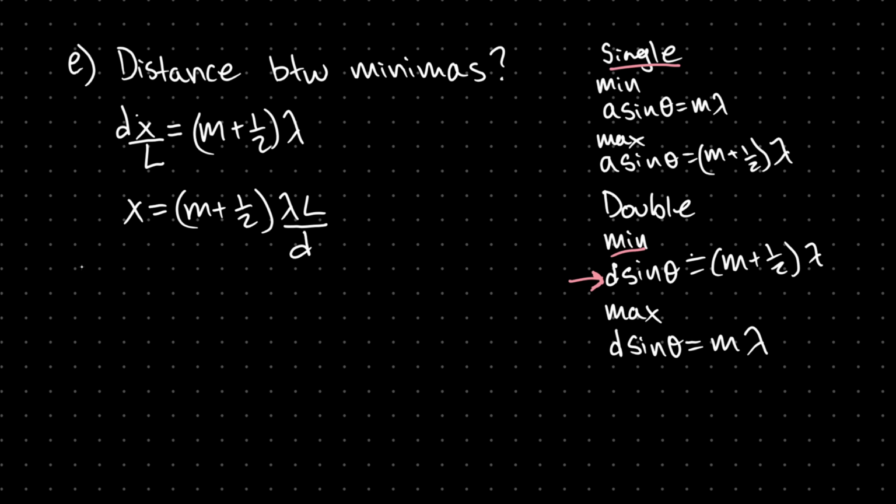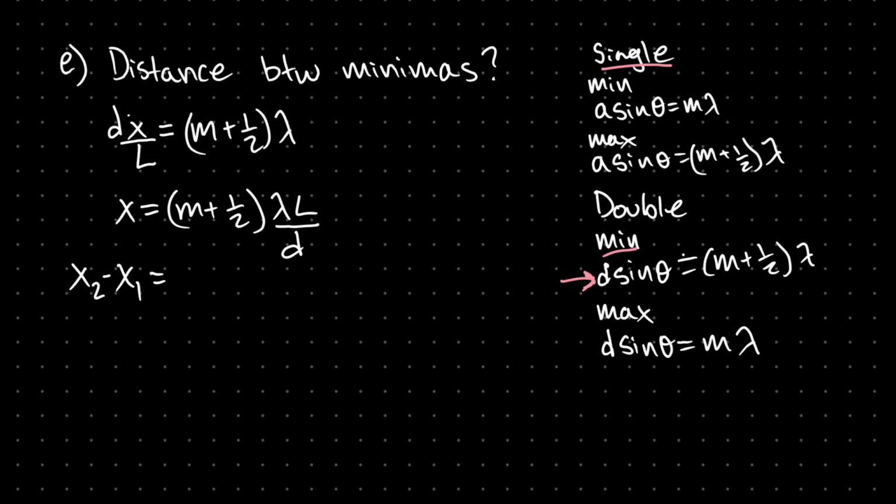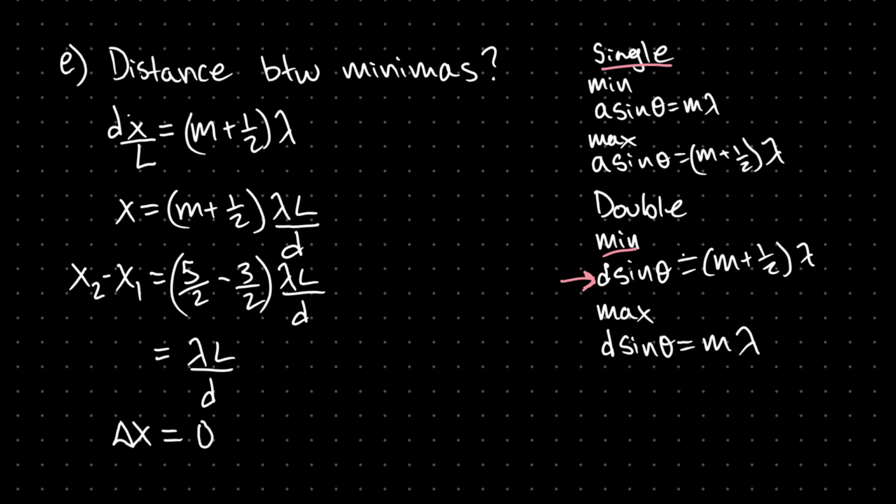If we're looking for the distance between the two, we're going to be looking for x2. You can pick any 2 consecutive numbers, but I'm just going to do 2 and 1 because that's easier. x2 minus x1, which is equal to 5 halves minus 3 halves lambda L over d, which is just equal to lambda L over d. And if you plug your numbers in, you'll see that the distance between 2 consecutive minima are 0.2 meters.